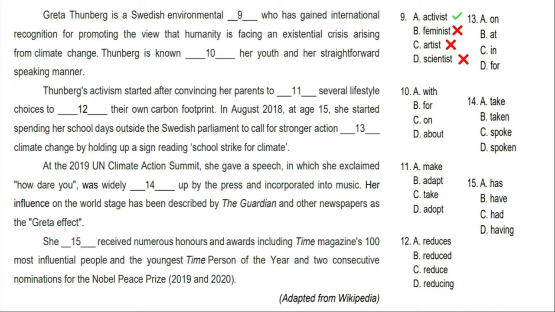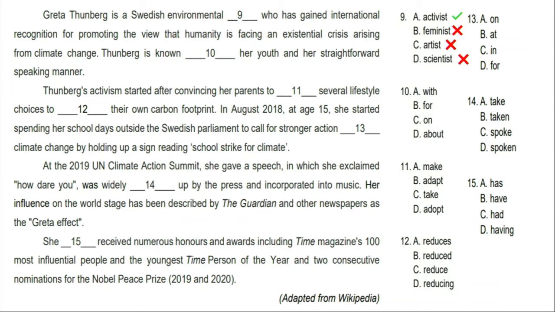Moving on, number 10: Thunberg is known, her youth and her straightforward speaking manner. If you are not sure which answer, you can try one by one. Thunberg is known with her youth? Doesn't sound right, right? Or B, Thunberg is known for her youth and her straightforward speaking manner, or C, on her youth, or D, about.